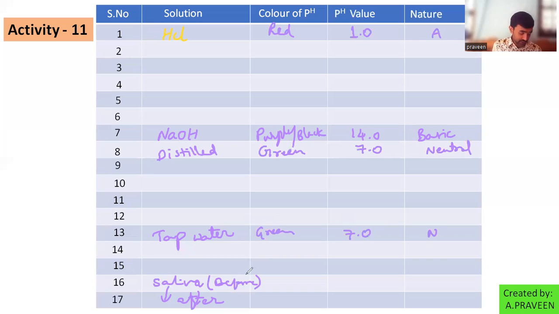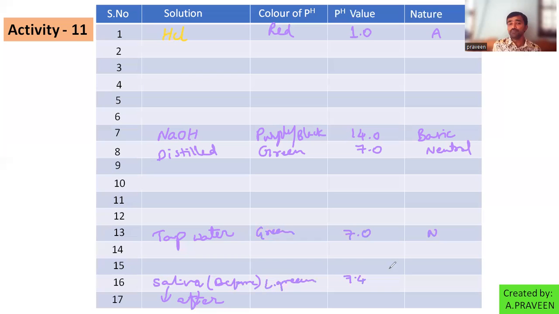Next, saliva before meals. Its pH is 7.4, and its color is just light green, not dark green, yellowish green.